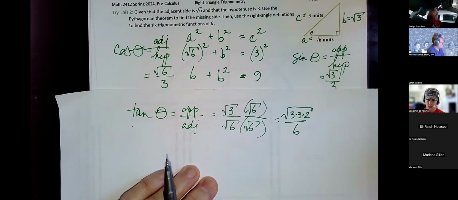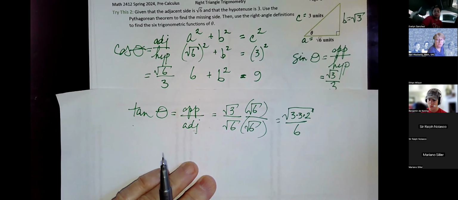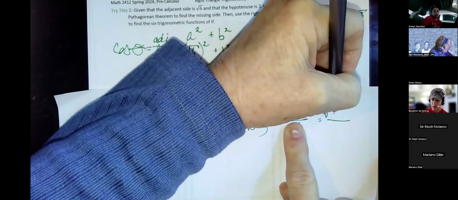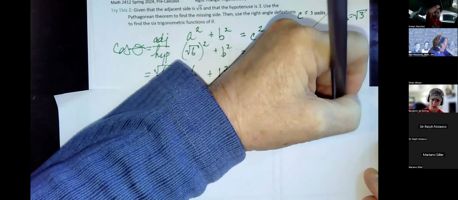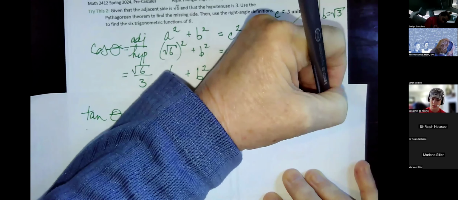Okay. And does this lead us toward any kind of simplification? Yeah, it would. Okay, tell me. Because 3 times 3 is 9. And then 9 times 2 is 18. Good. And square root of 9? Square root of 9 is 3. And now?